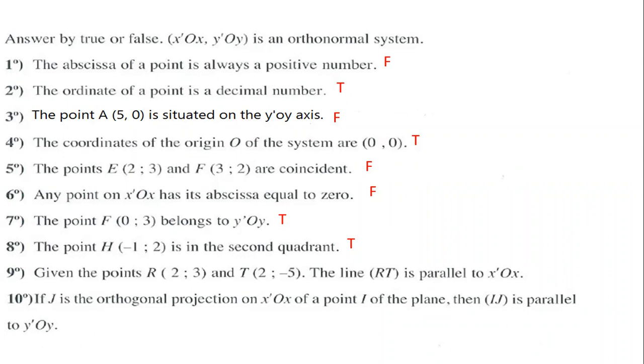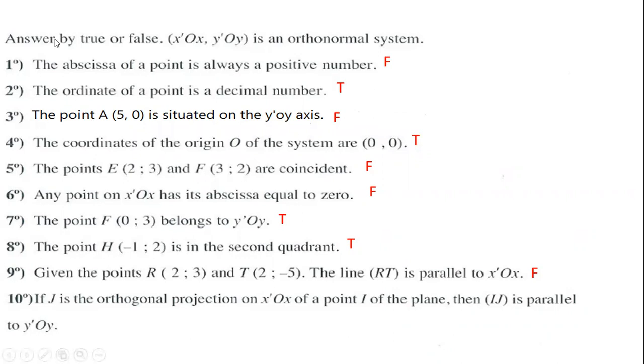So if they have the same abscissas, they form a straight line parallel to y prime y. This is a rule we said yesterday. So true or false? False. Bravo, Adam.